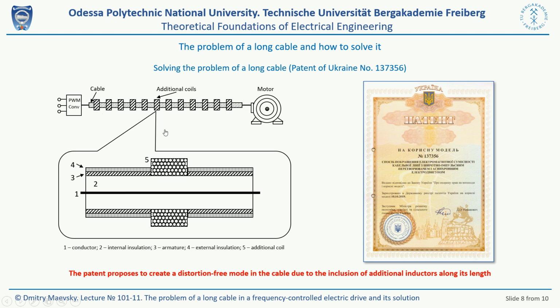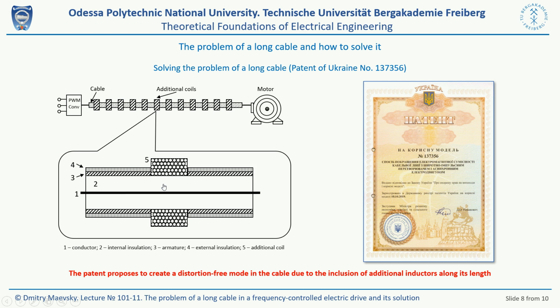We suggested using a coaxial cable to transmit the signal from the frequency converter to the motor. And in order for this cable to become distortionless, we proposed, following Pupin, to include additional coils as shown here in the figure.